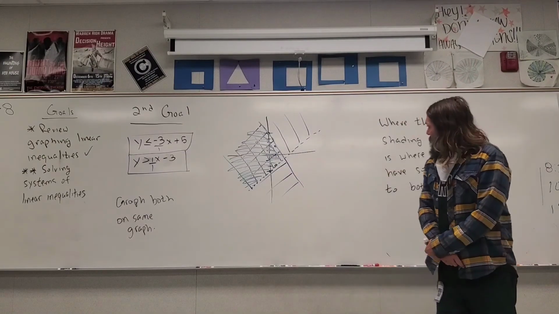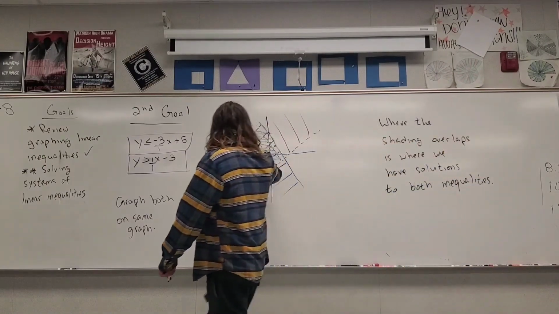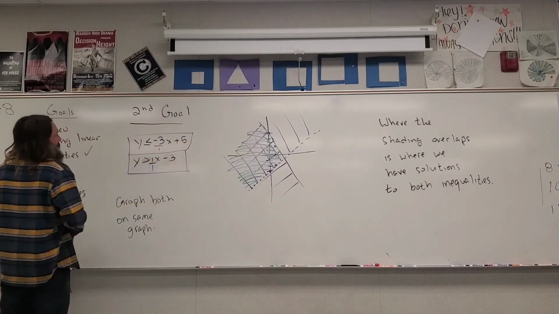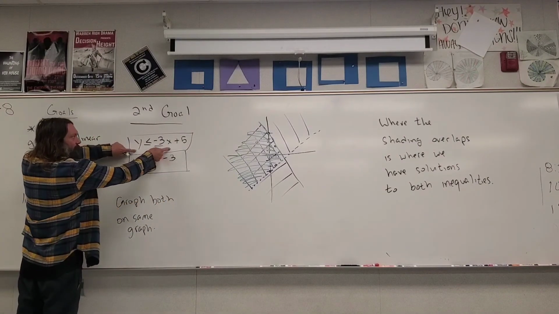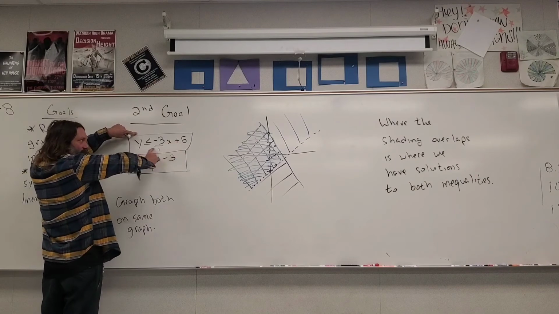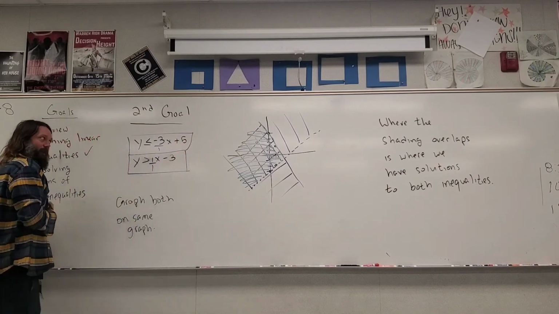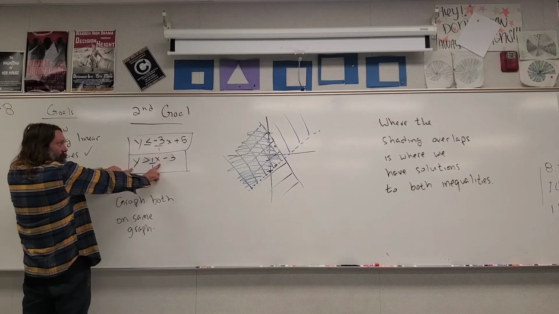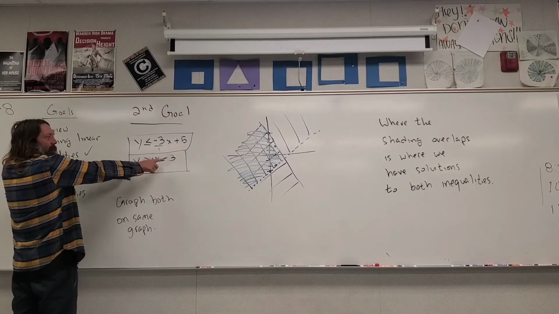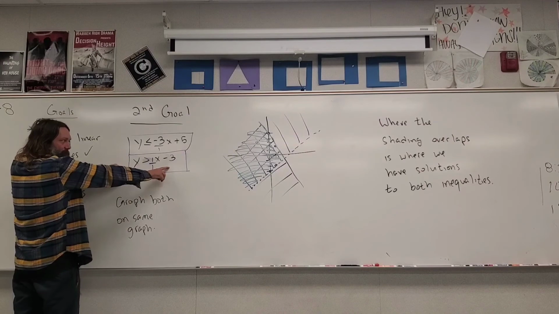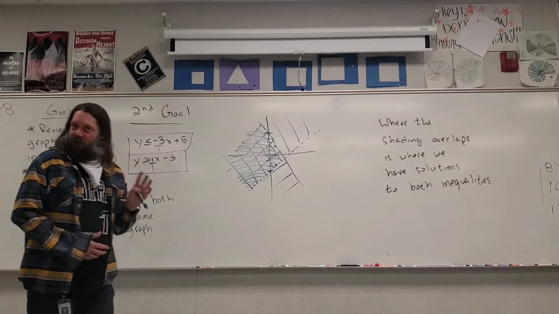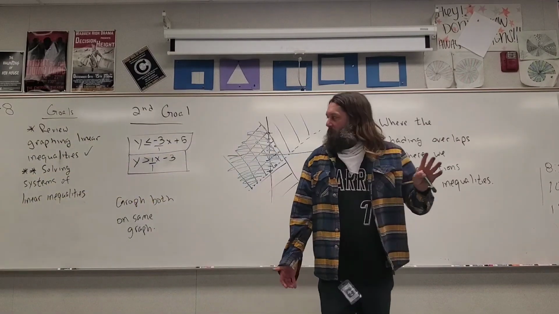For example, 0, 0 is a great point to plug in. If I plug in 0, 0 here, I get 0 is less than 5. That's true, so that's the solution to the purple inequality. If I plug in 0, 0 here, 0 is right of -3. That is also true. So where the shading overlaps is the solution to both.